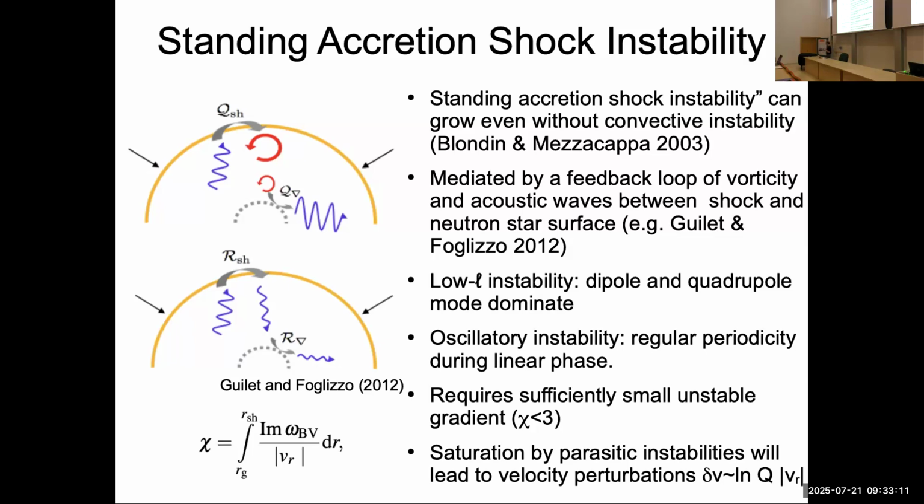So you effectively get a regime where you can get an instability that can develop under conditions that are not favorable to convection.